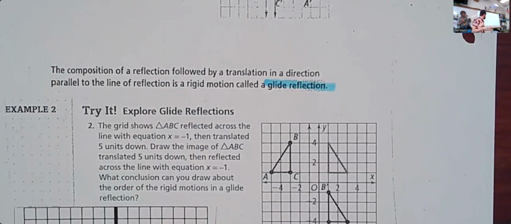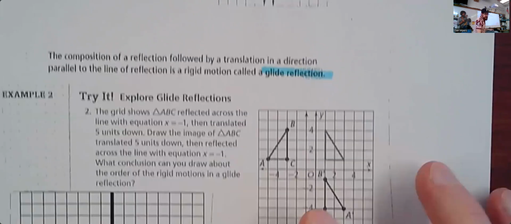And so that's what a glide reflection is. So it's a flip and a slide. Whichever way you reflect, you are going to end up translating in that opposite direction. So horizontal reflection would be vertical movement. Vertical reflection would be a horizontal movement.